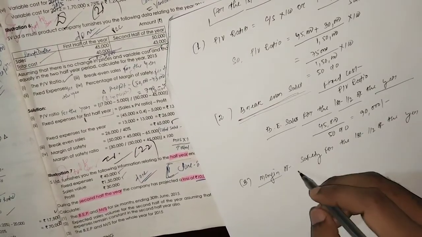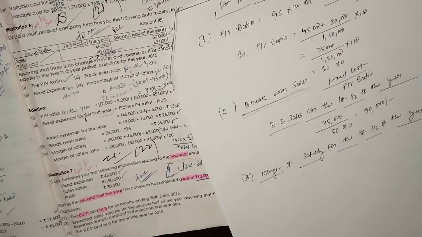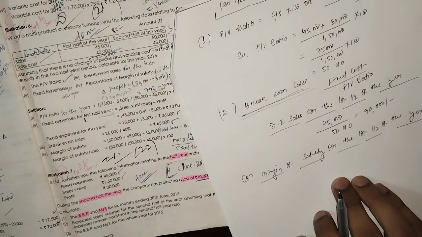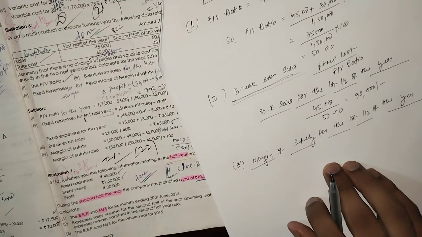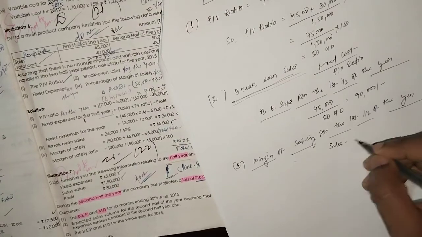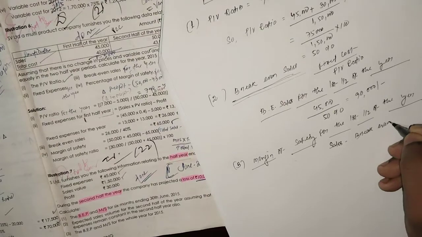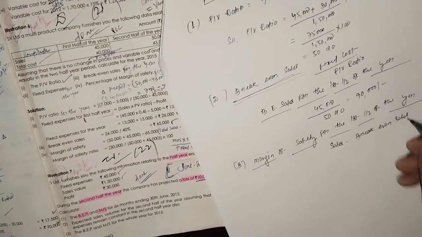As you know, the formula of margin of safety is sales minus break-even sales, right?